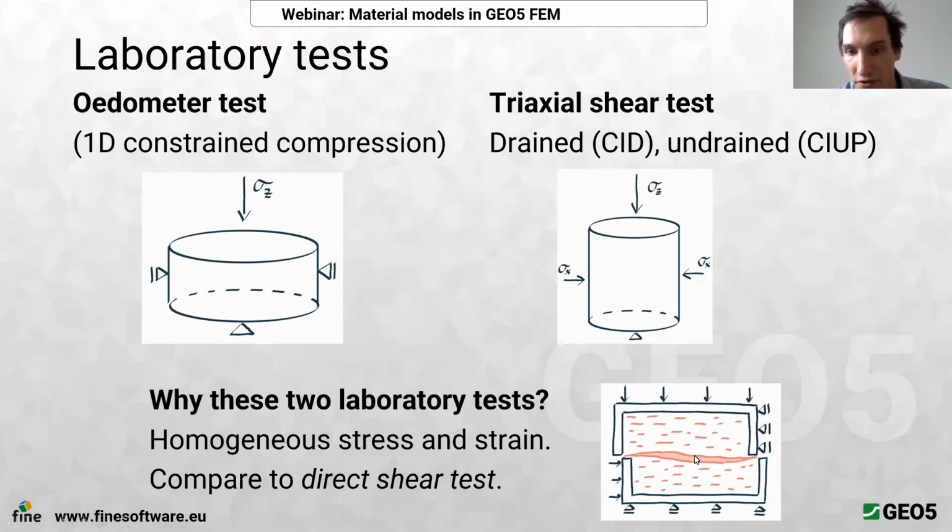Because we don't know the thickness, we don't know the displacement field and the strain field within this sample, and to get some information about the material point is quite difficult from tests like this. It's not impossible, but the simulation is more difficult than the simulation of these two tests I mentioned.